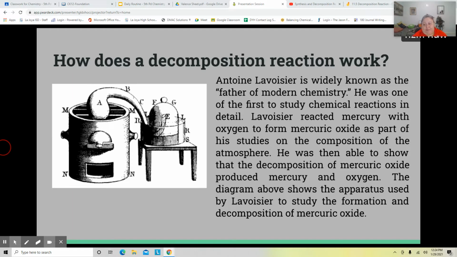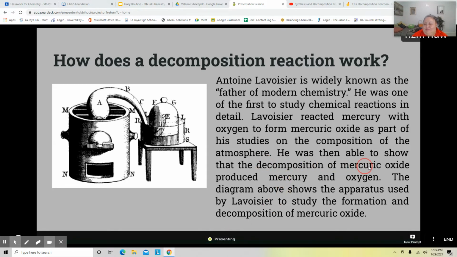He was then able to show that the decomposition of mercury oxide produces mercury and oxygen. The diagram above shows the materials used by Lavoisier to study the formation and decomposition of mercury oxide.